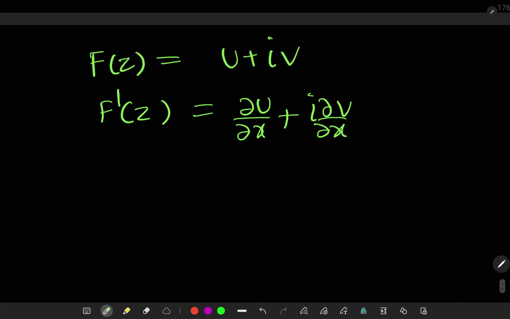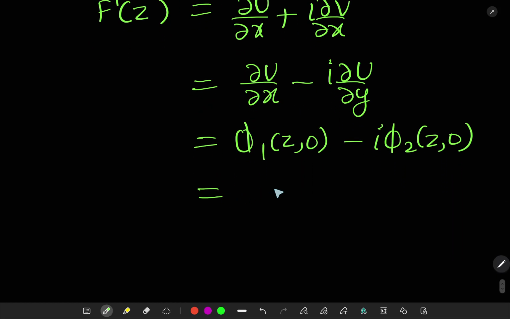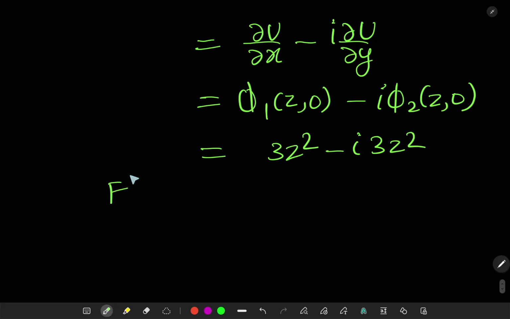Here we have only the u value, so using the Cauchy Riemann condition we can write this, and it equals phi 1 z comma 0 minus iota phi 2 z comma 0, and we get 3z square minus iota 3z square. Now F dash z equals this value.